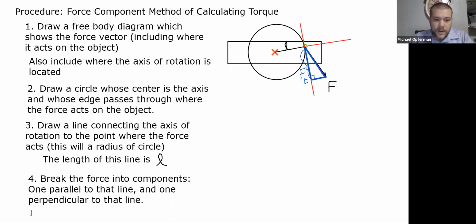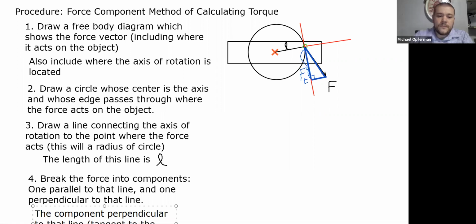Let me write that here. The component perpendicular to that line, tangent to the circle that you drew in the earlier step, is what I am calling FT. Oops, got a little cut off there. Just rewrite that.